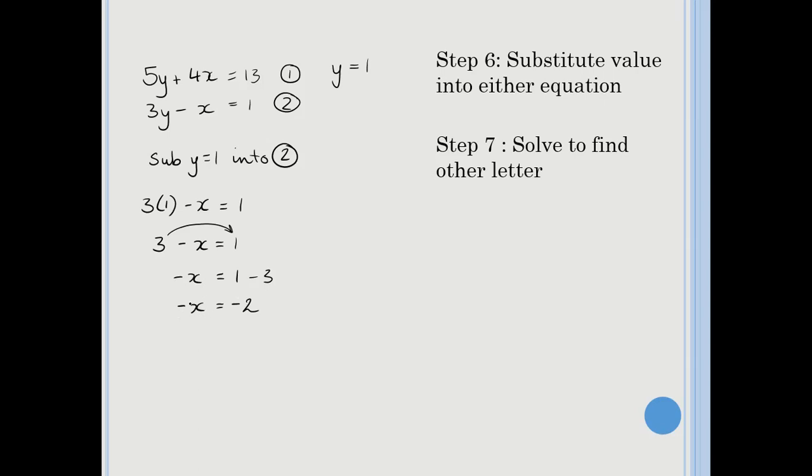I want positive x, so remember there would be a 1 in front of it. I'm going to divide by negative 1, so x is equal to 2. Last but not least, as always, state your final answer. So x equals 2 and y equals 1. So the big change there is we're adding in that cross multiplication.